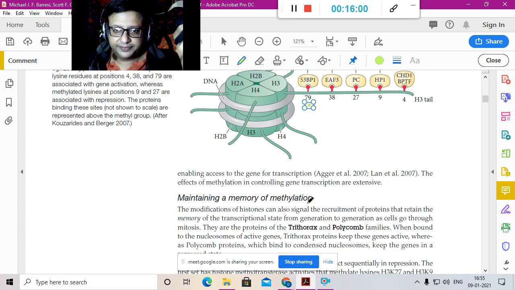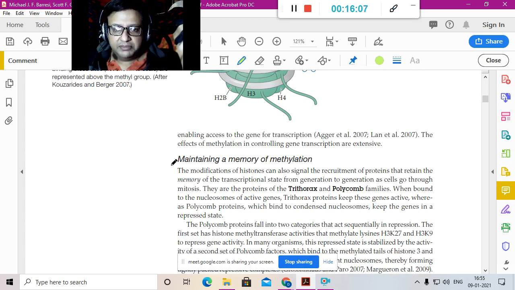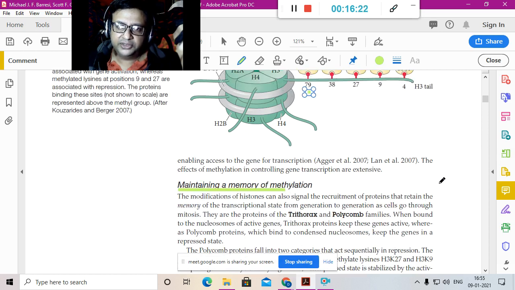Next, there is a memory of methylation. So the modification of histones can also signal the recruitment of proteins that retain the memory of the transcriptional state from generation to generation as cells grow through mitosis.